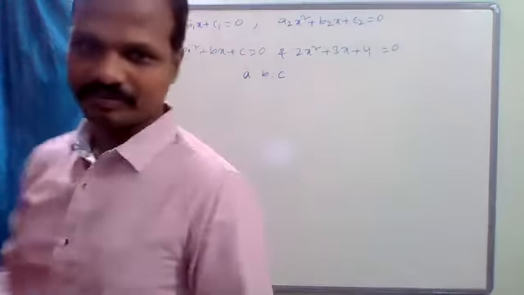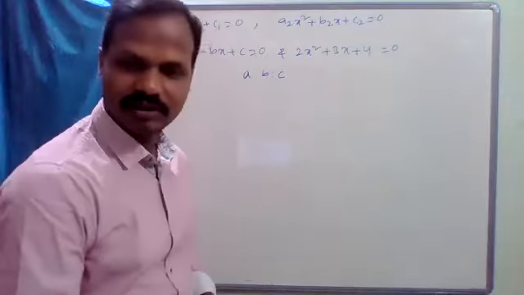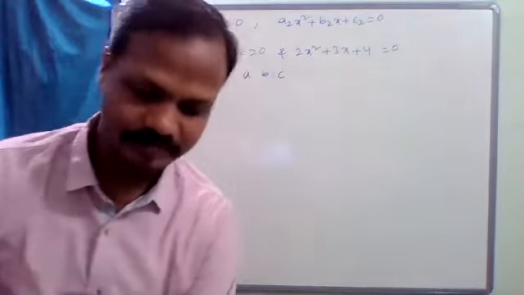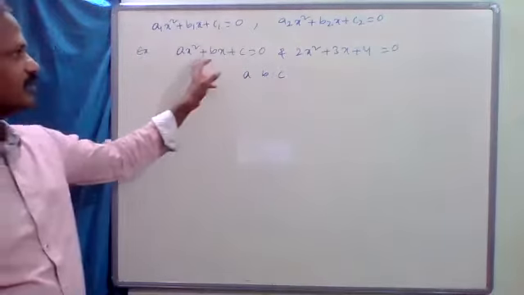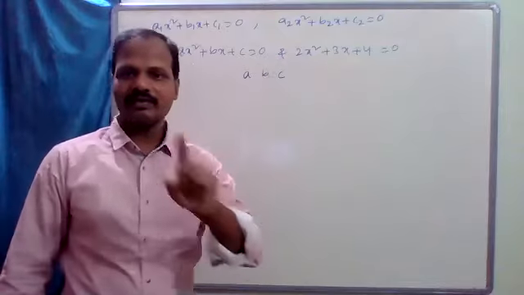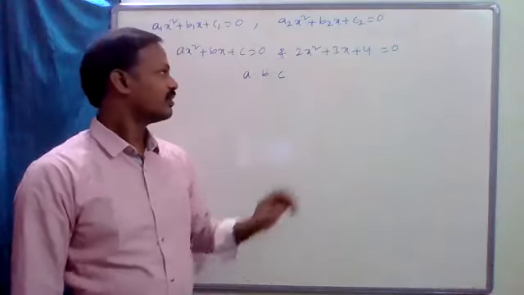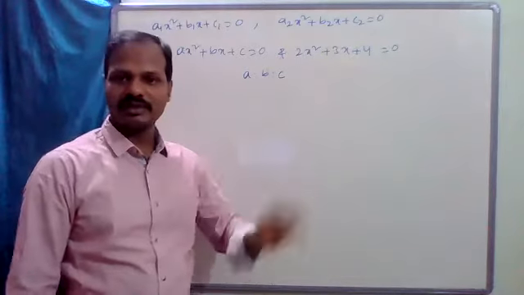That is the question. I think the question is clear. If these two equations have a common root, then what is a is to b is to c?